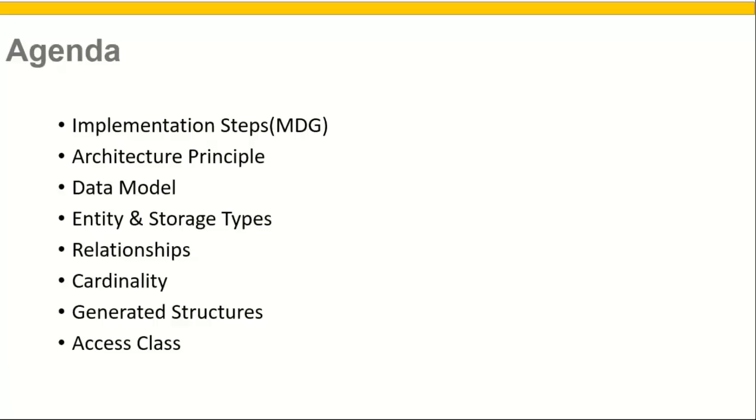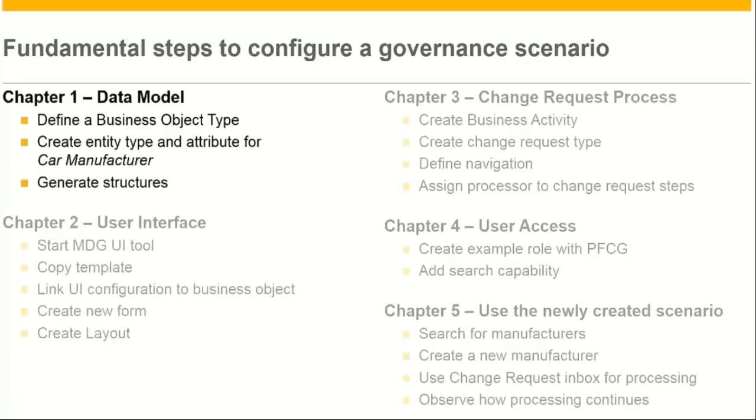The implementation steps come with chapter 1, the data model. Using the data model, we'll generate the staging area, like we are creating some tables, as a layman. Once the tables are created, we work on chapter 2, user interface.